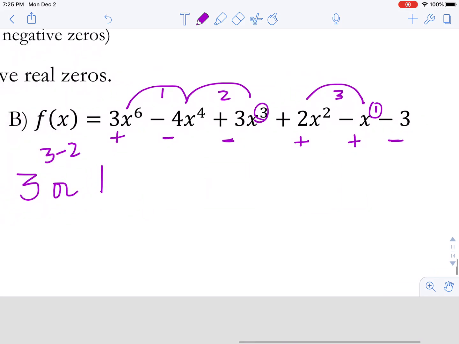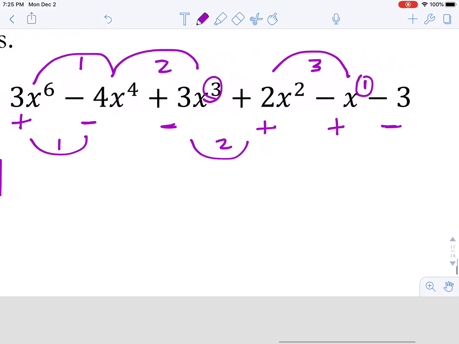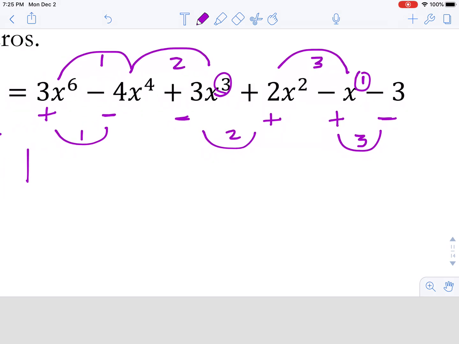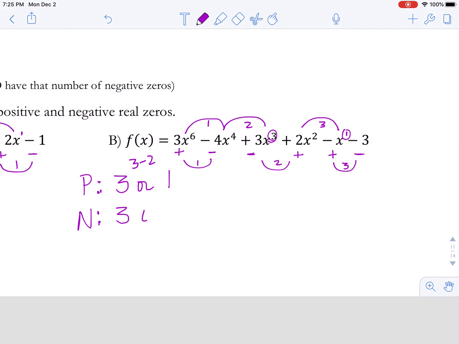So I want to look at how many sign changes I have. I have 1, I have 2, and I have 3. So for the negative real zeros, I could have 3 or I could have 1.